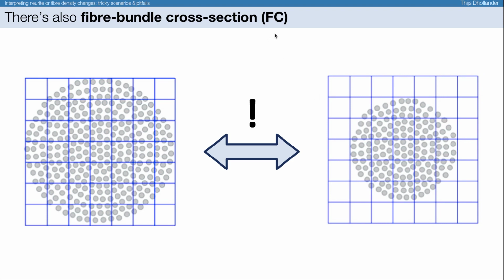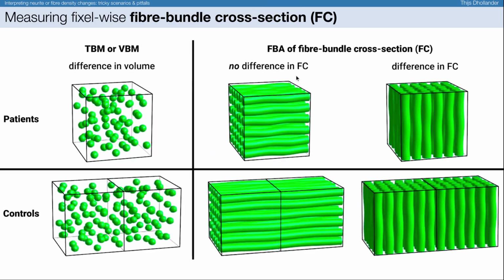And if we look at the FC, the fiber cross-section, we would see that the FC is larger here in the control population and maybe smaller in the patient population. So the FC is decreased and therefore the number of axons is decreased, even though the density is not decreased. So this is an aspect we should actually be looking at. That's the fiber cross-section.